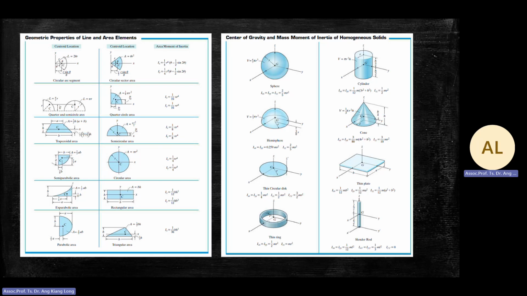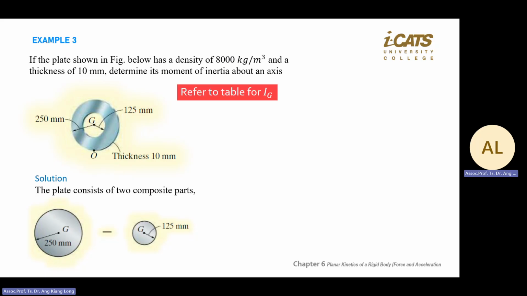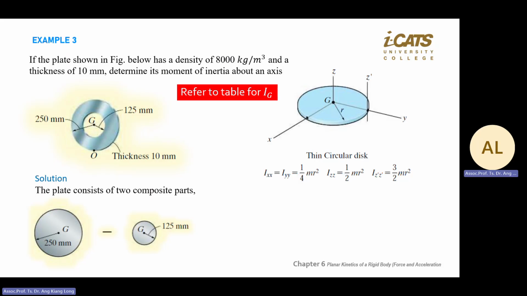So you're using Izz here. Pick this formula. Because it's at the center, there's no md square. You're seeing big one minus small one, so you are referring to the Izz formula.